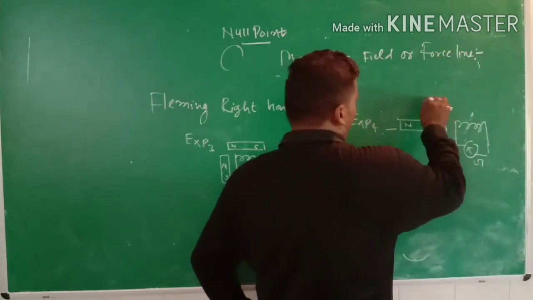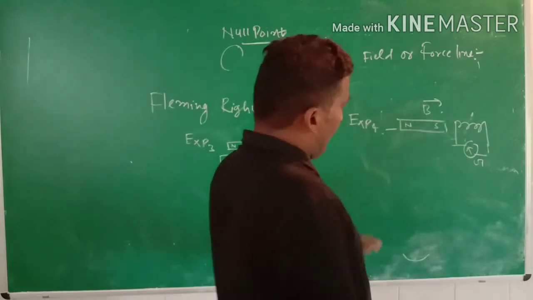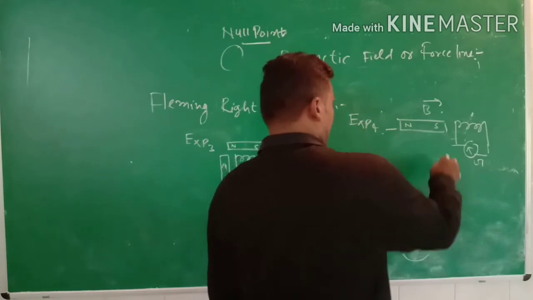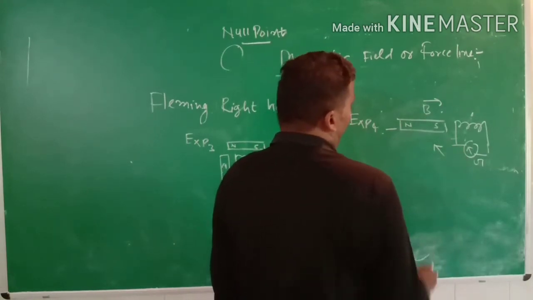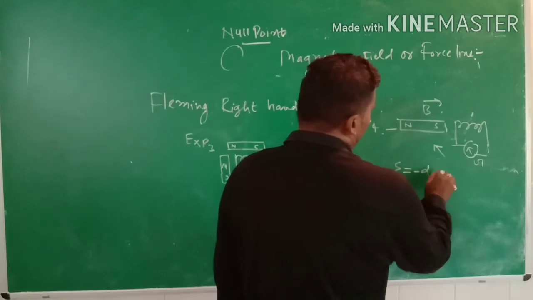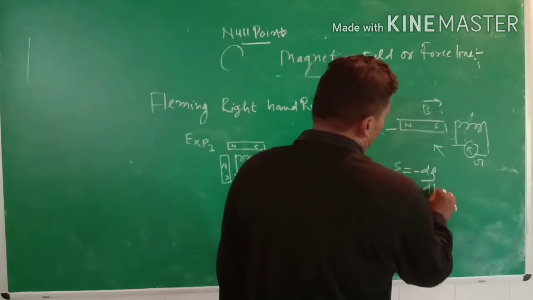The direction of the magnetic field is toward the circuit, but the deflection of the galvanometer is just opposite, following the process of electromagnetic induction, the linkage of magnetic flux.